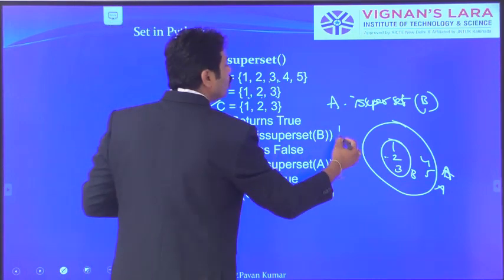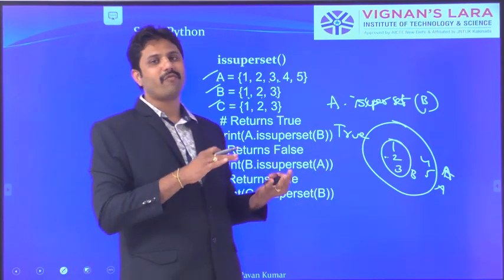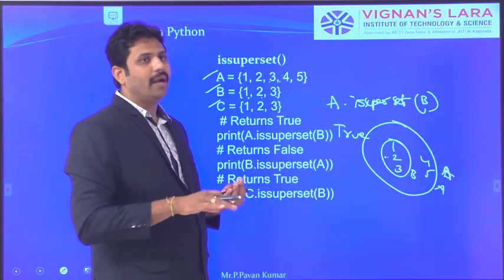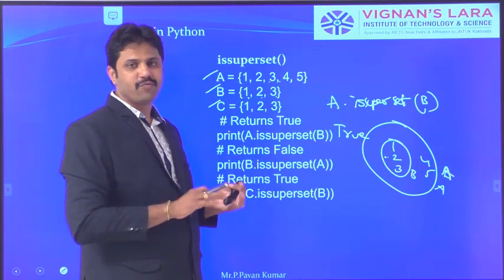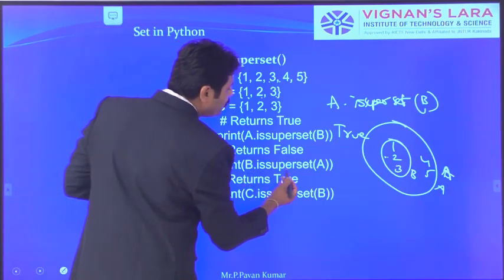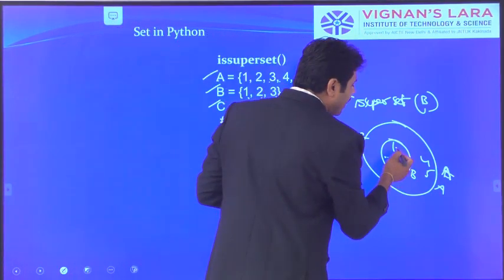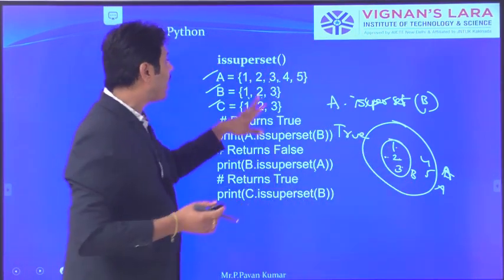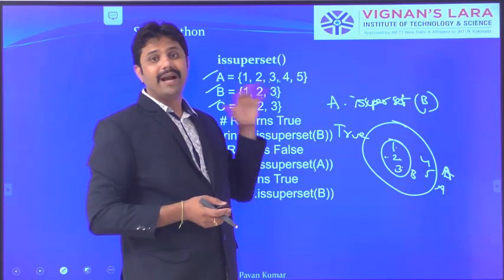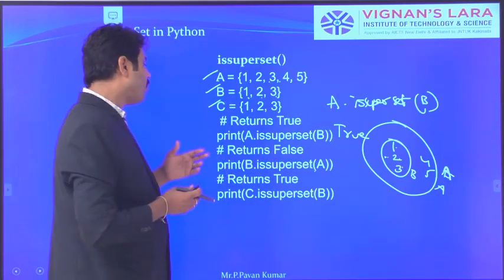It returns true or false. If it is true, it returns true. If it is false, it returns false. Next, B is a superset of A. B contains 1, 2, 3 elements only, but A contains 4, 5 also. So it is not a superset. That's why it returns false.